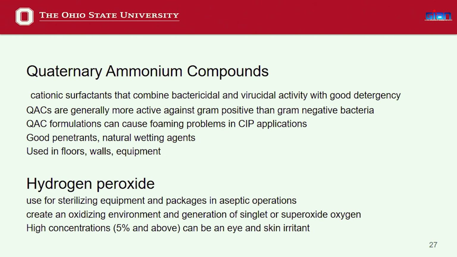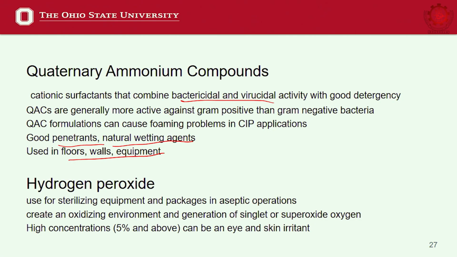Quaternary ammonium compounds are all cationic surfactants, and they combine bactericidal and virucidal activity. They can deeply penetrate into the surface, are a good wetting agent, and are typically used on floors and wall surfaces. Hydrogen peroxide is another sanitizing agent. For example, in aseptic processing, you have your polymeric films, which you have to sanitize, you have to sterilize.